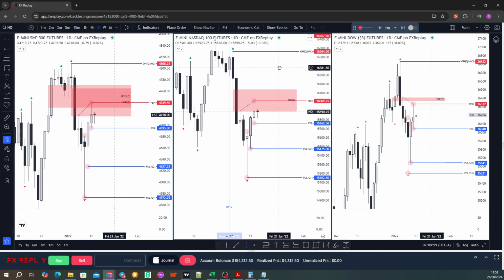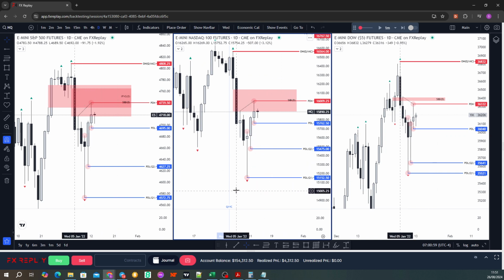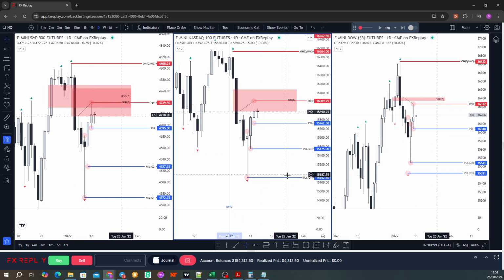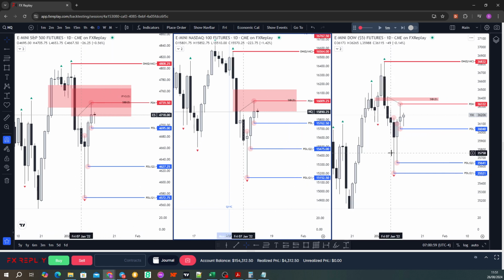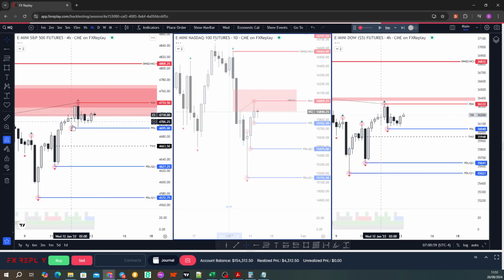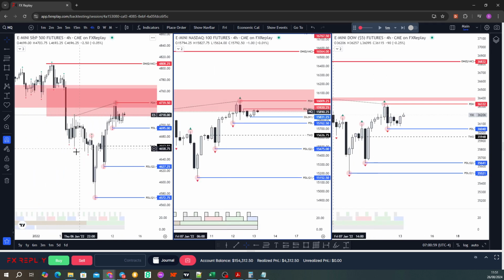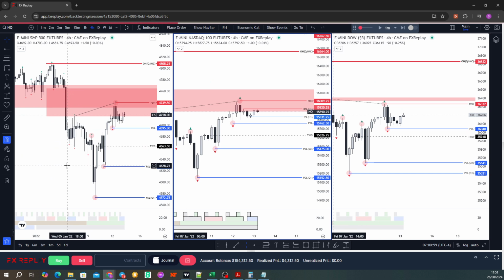So ultimately, we've got our key highs and lows obviously mapped out for this week, the various previous days lows. The key probably is to drop down to the 4 hour, which I think is probably more pertinent for us.